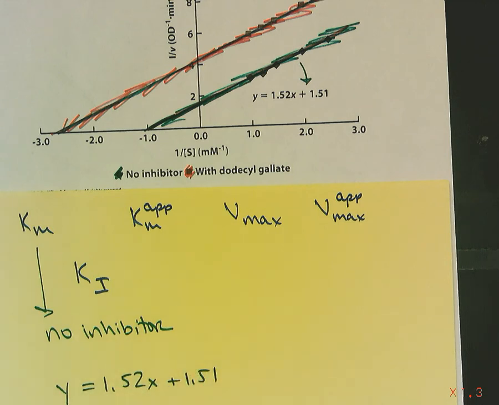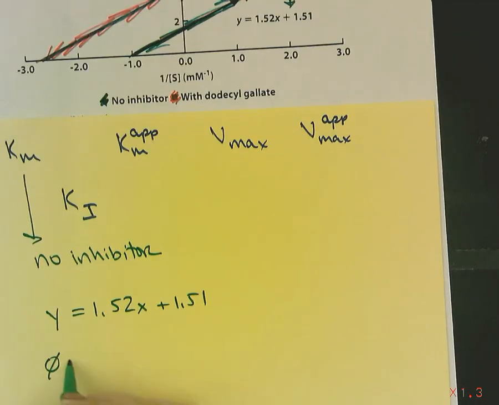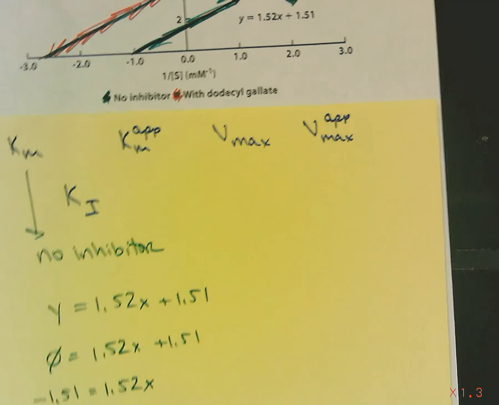How do I go about setting this so that I can solve for Km? Make the y 0, because I'm looking for the x-intercept. That's what that turns out to be. Should be about 1, right?